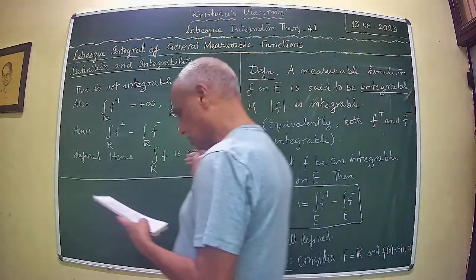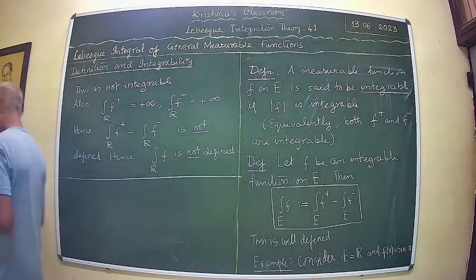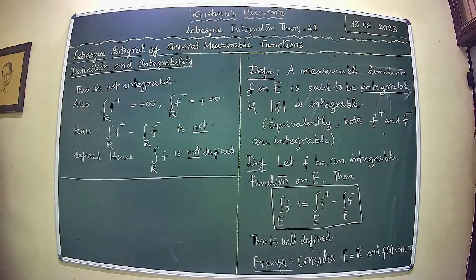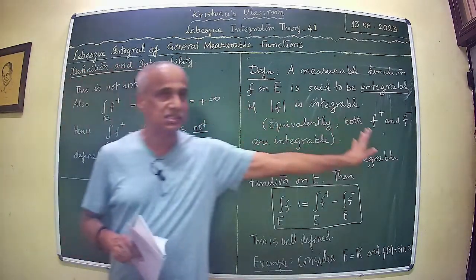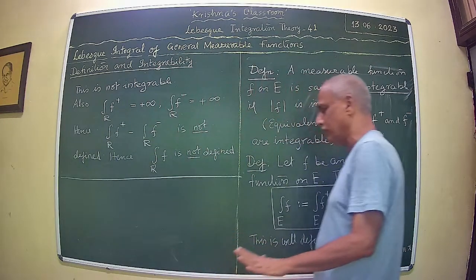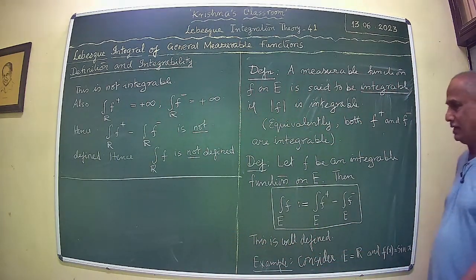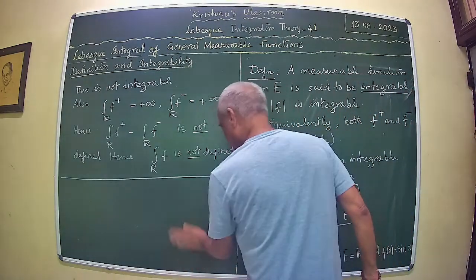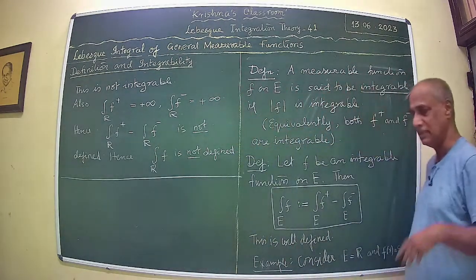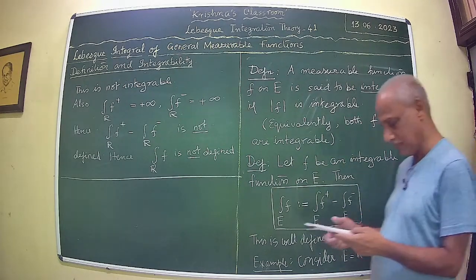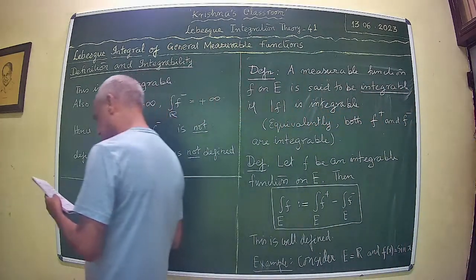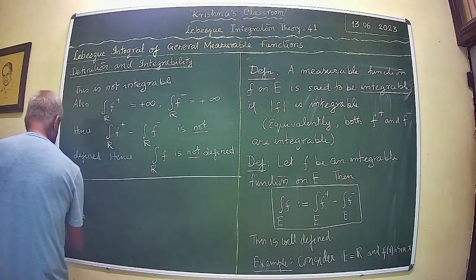Okay. So we need not insist that f is defined everywhere. On a set of measure 0, some properties you can leave as vague. Still, all these definitions and the theorems would be carried over. Okay, so let us just make mention of that.